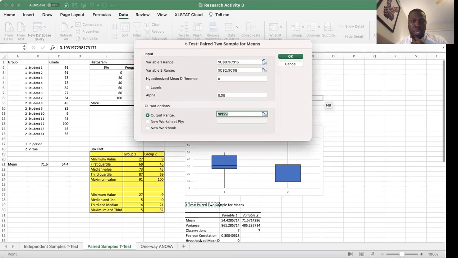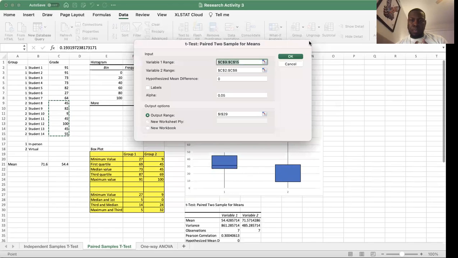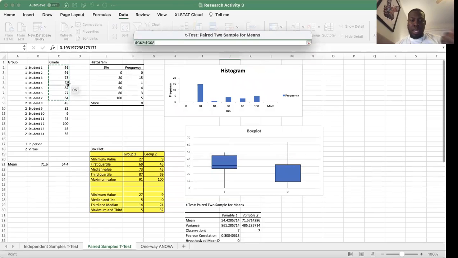Variable 1 range, click that. It's going to highlight the range of the data that I'm using. As you can see, it's going to the group 2 students, which are the virtual students. Click that. Go to variable 2 range. Click that. It's going to highlight the students that are in person, as you see right here.